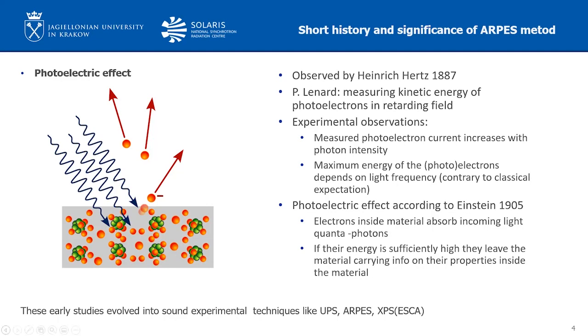And of course, chemists observed that measuring the energy of electrons escaping from the samples can be used to identify the materials and describe their chemical properties. And in the last 50 years, the UPS and ARPES methods are going through a renaissance, as I said before.